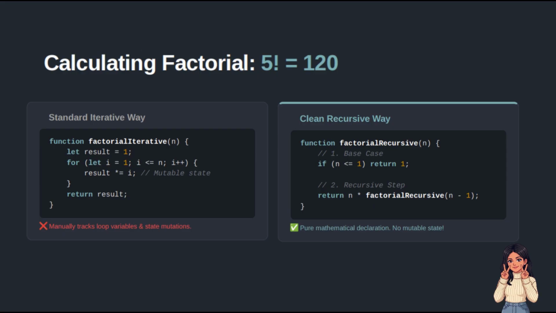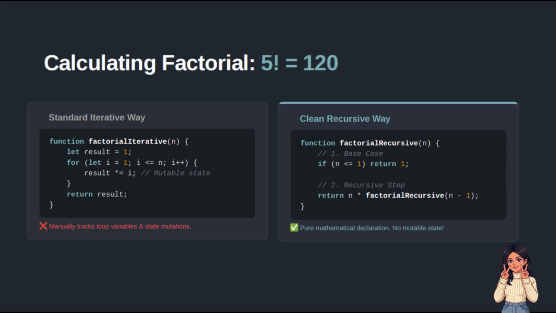If you solve this problem the normal iterative way, you'd use a standard for loop. You initialize the variable to 1, loop through every number up to n, multiply them step by step, and manually keep track of the result. It does get the job done, but you're manually managing state variables like result and i throughout the loop.